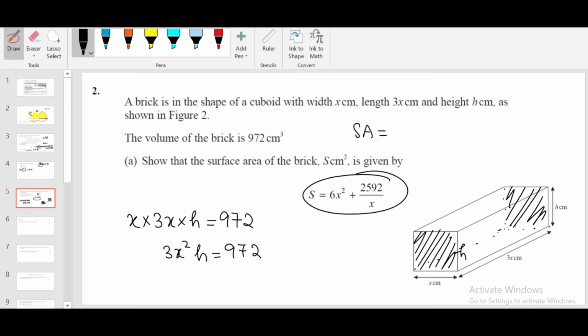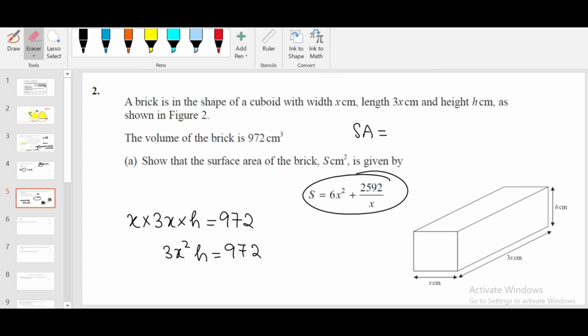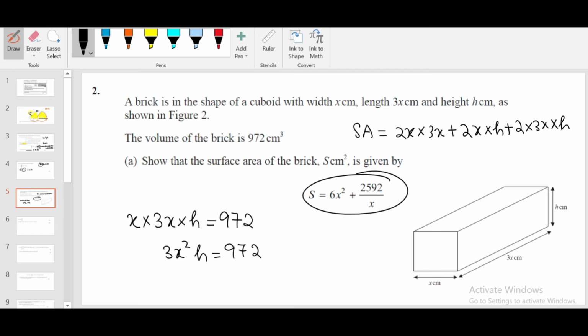So 2 times that. So you need to 2 times everything actually. So basically you will have 2 times x times 3x, 2 times x times h, 2 times 3x times h, 6 faces. So it's basically 6x square.